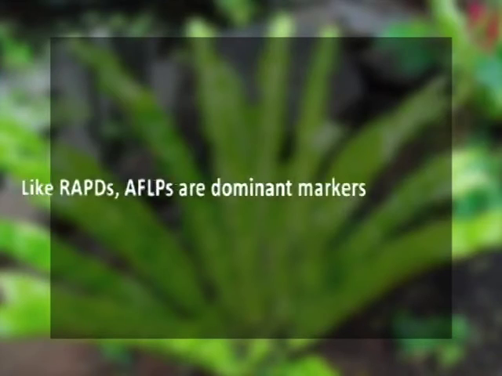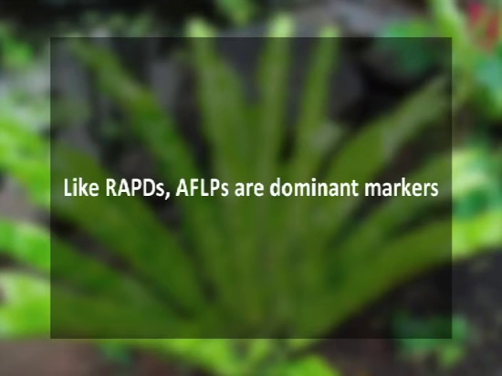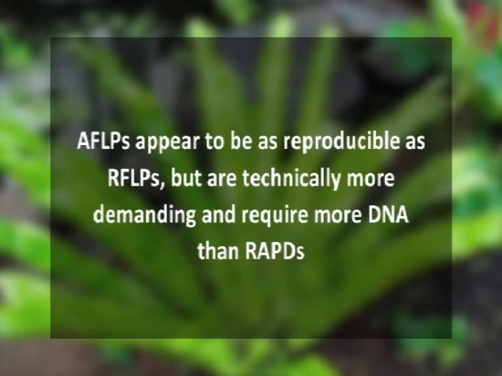Polymorphic bands can be identified by comparing the amplification products derived from two lines. Like RAPDs, AFLPs are typically dominant markers. The AFLPs appear to be as reproducible as RFLPs, but they are technically more demanding and require DNA of higher quality than that of RAPDs.